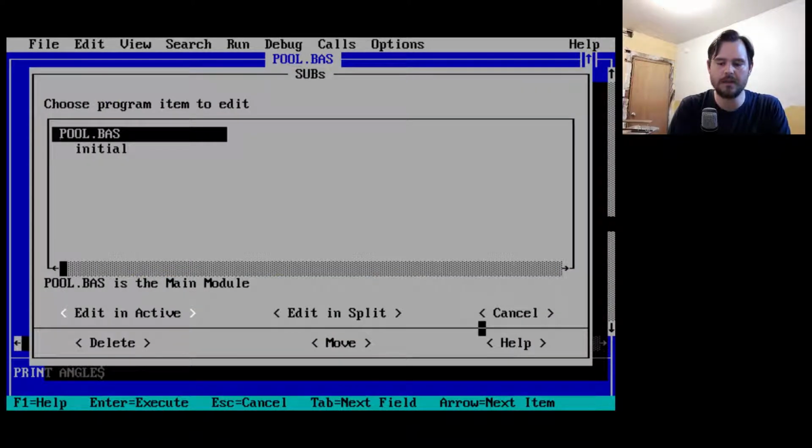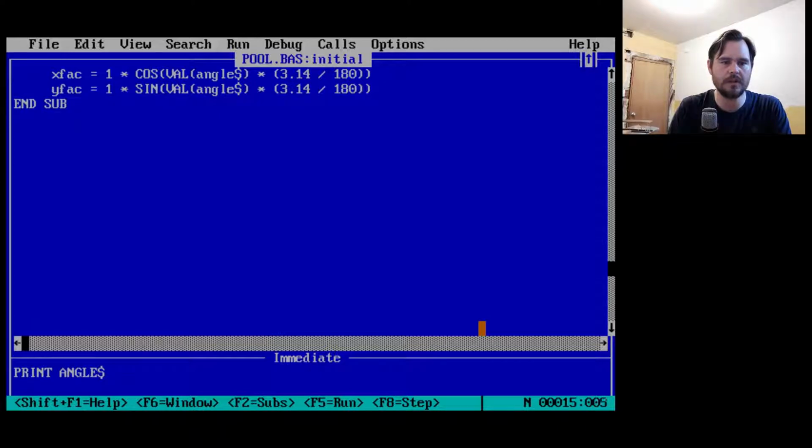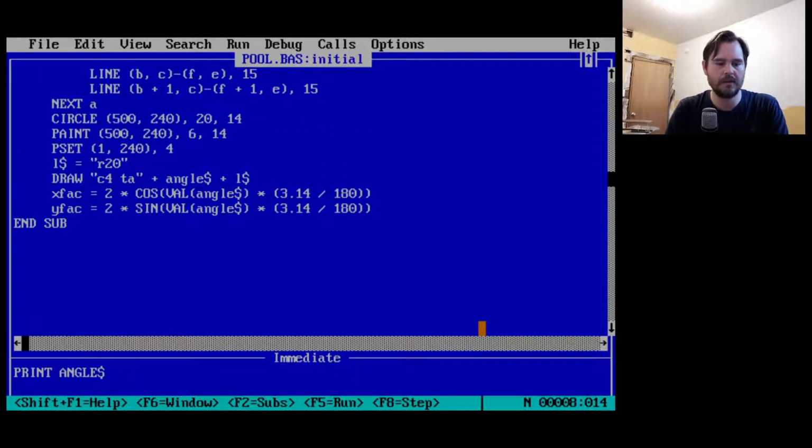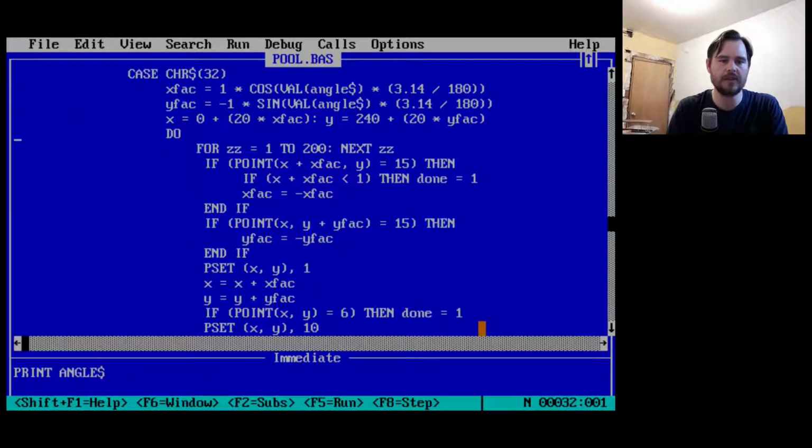So the decision to do 2 times here, I don't think I ever used it, because first it gets initialized, but when I actually hit space, I calculate it again using 1.